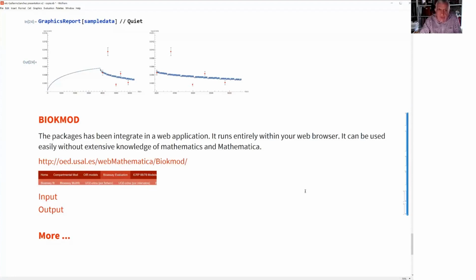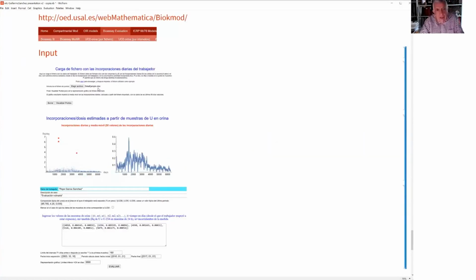It can be used easily without extensive knowledge of mathematics or Mathematica. This is the address. You can test. And this is the same problem solved in this application.